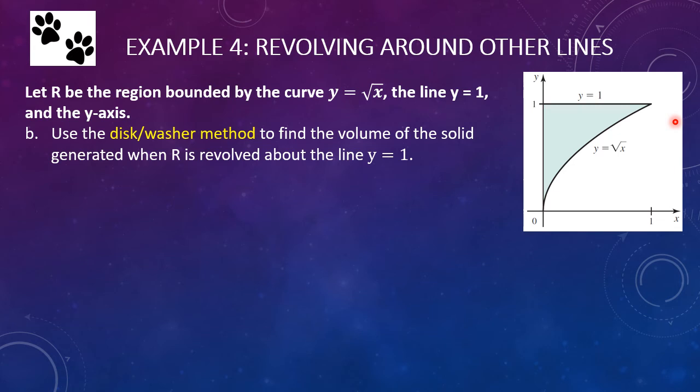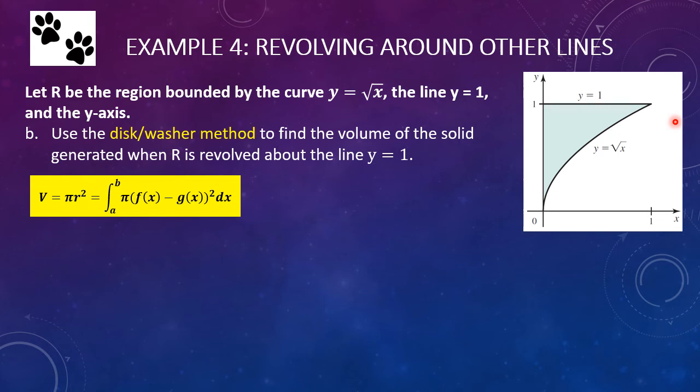Here, with the disc and the washer method, remember, we have a circle. So we're doing the area of a circle times its thickness, dx, okay, for its volume. So the area of a circle is pi r squared. So the volume would be pi r squared times dx. It should say dx in there too, okay?